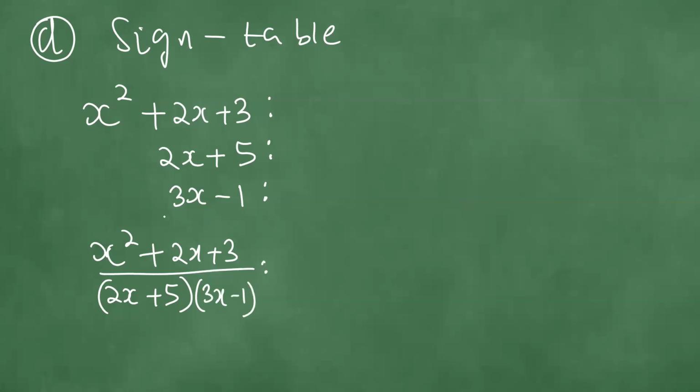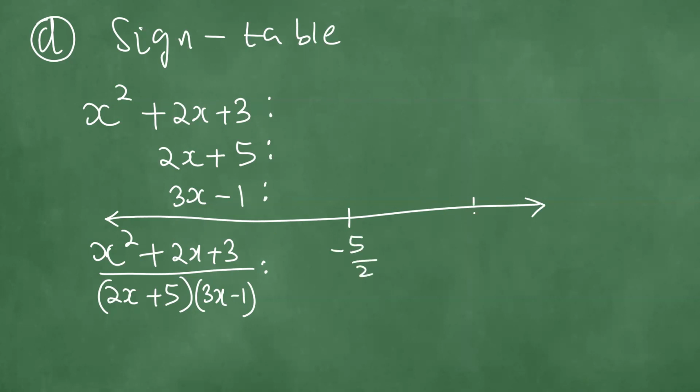Right, so we have minus 5 over 2 and we have 1 over 3. And we focus on this here. This is the real number line of the values of x.